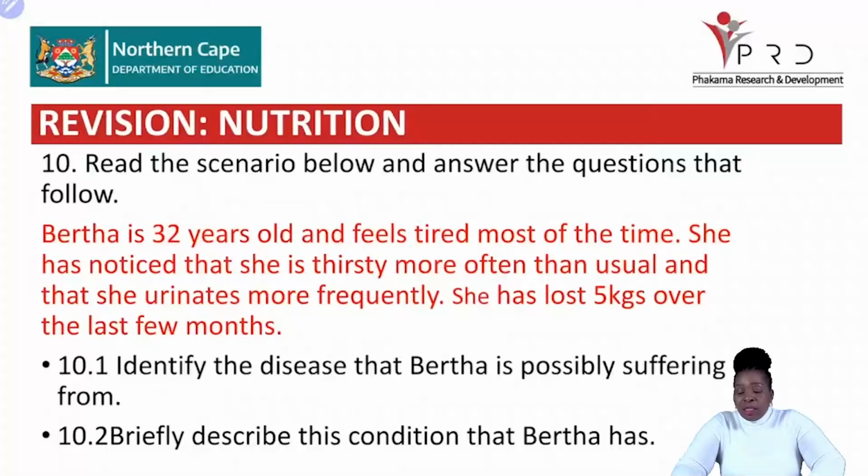She has lost 5 kgs over the last few months. The question says, 10.1, identify the disease that Betha is possibly suffering from. And 10.2 says, briefly describe this condition that Betha has. I'll give you 2 minutes. Again, learners, please attempt the 2 questions.